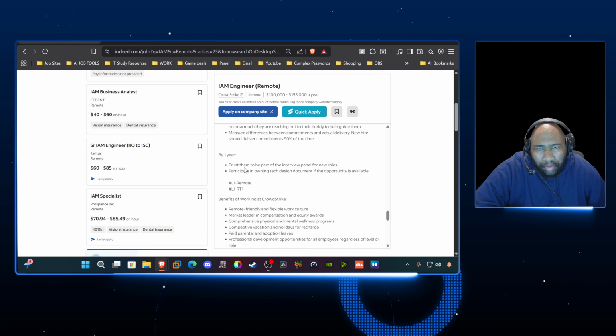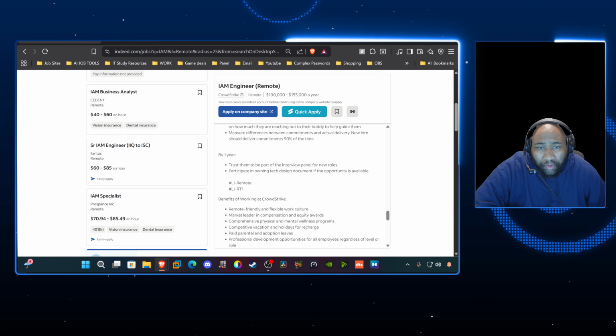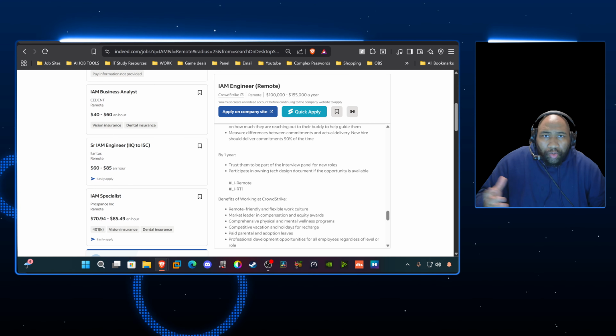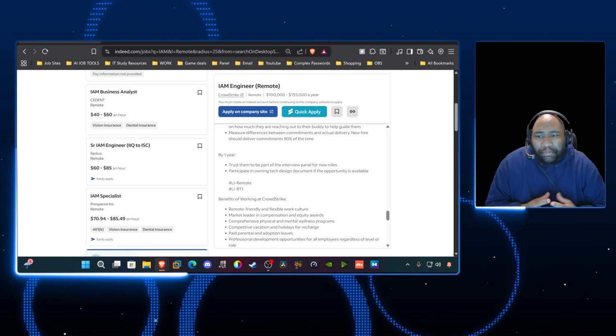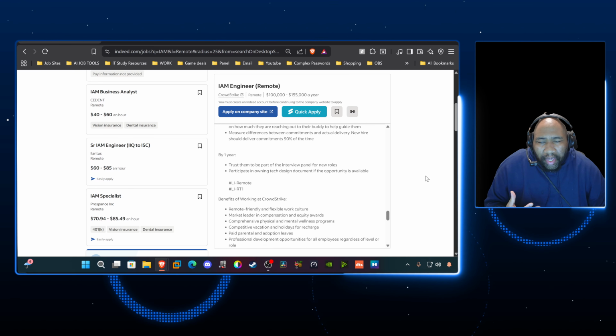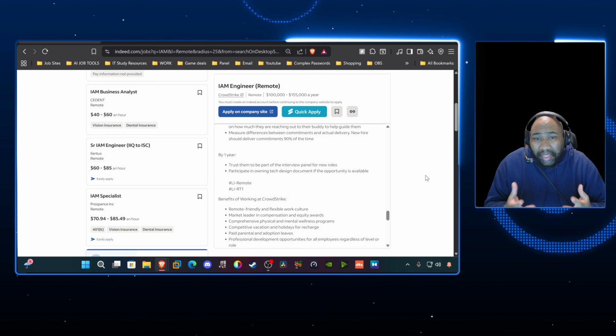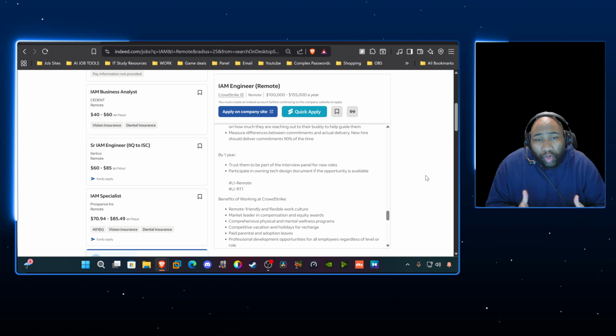And then by a year, CrowdStrike should trust you to be a part of an interview panel for new roles. So you see what it is. This is the roadmap. This is the workflow for this particular company. It's just an easy way where you can get in, get your experience, and then grow.